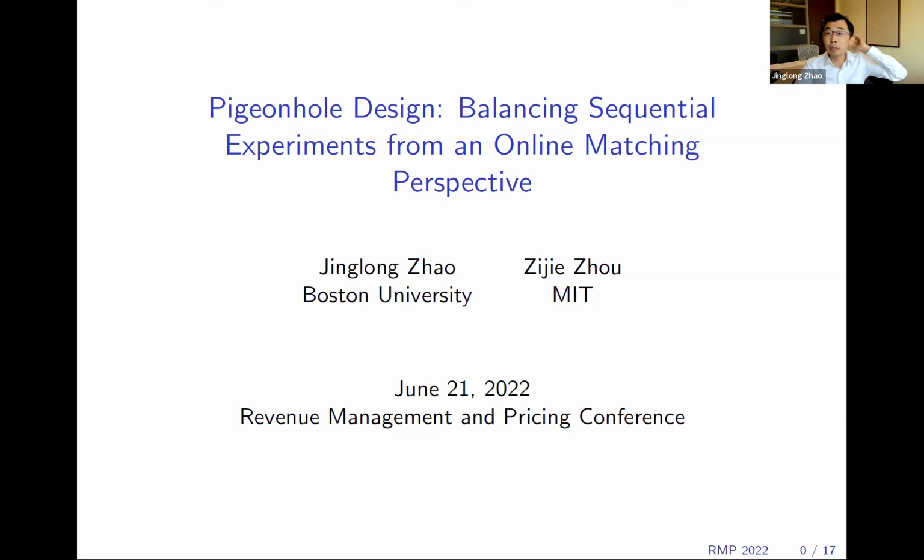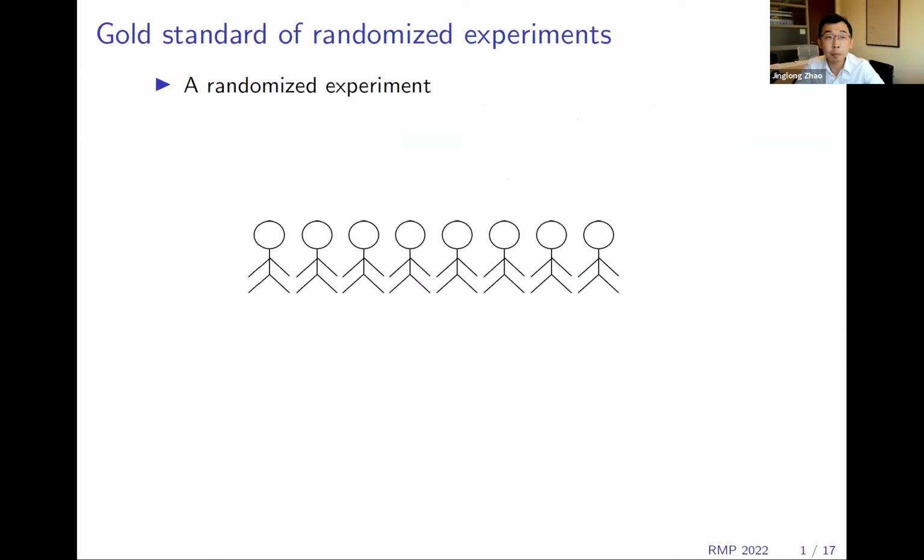So the work I'm going to present today is entitled Pigeonhole Design, which is a method to balance sequential experiments from an online matching perspective. So let's start by thinking about when people are running experiments, what would people do? Think of a randomized experiment.